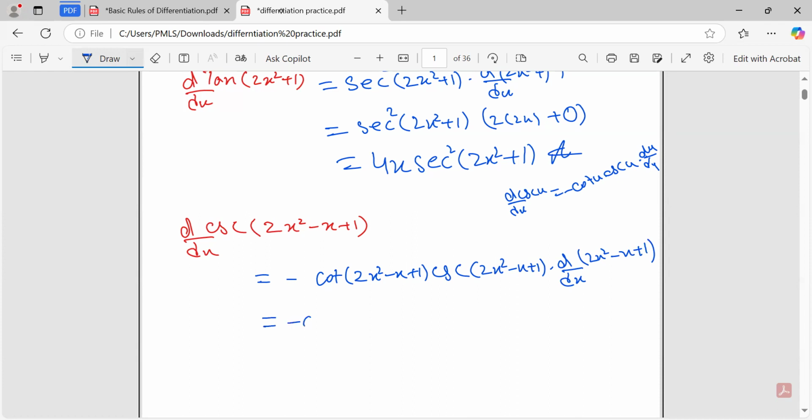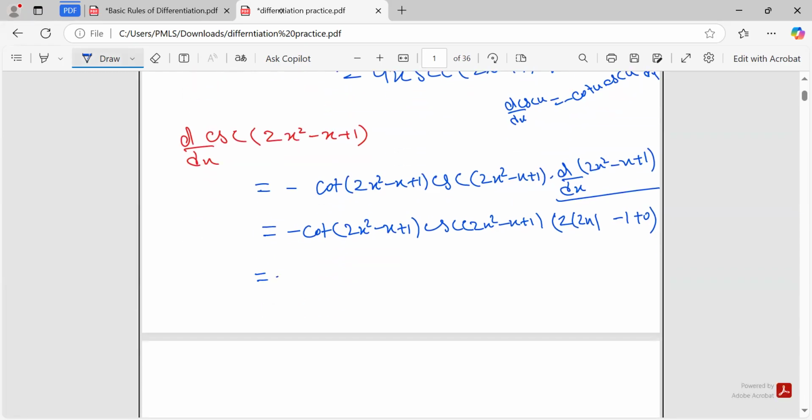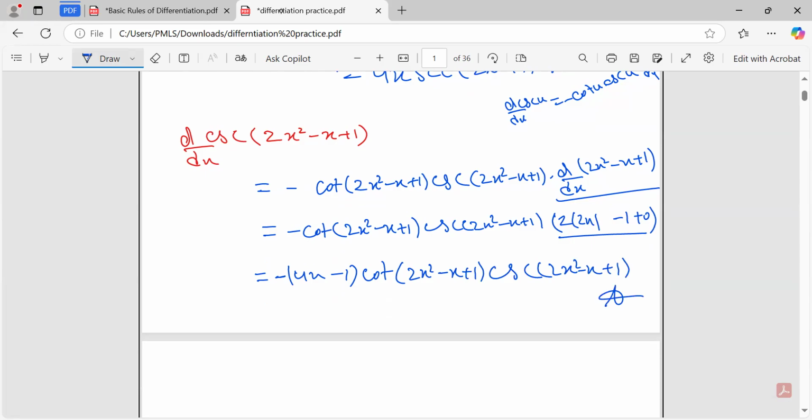So it will become minus cot of 2x square minus x plus 1, cosecant of 2x square minus x plus 1 as it is, times the derivative of 2x square minus x plus 1, which is 2 times 2x minus 1 plus 0. So finally, our answer will be minus 4x minus 1, we write this term first, times cot of 2x square minus x plus 1 times cosecant of 2x square minus x plus 1. So this is the final answer.